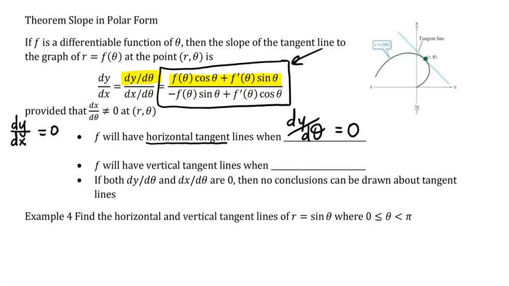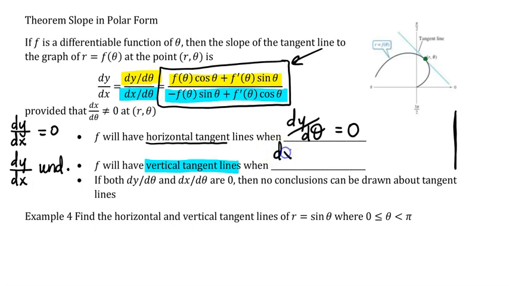So we will have a horizontal tangent line when the derivative of y with respect to theta is equal to 0. When will we have a vertical tangent line? Well, we know from Calculus 1, vertical tangent lines have undefined slope. That means that the derivative would be undefined. The derivative is a fraction. Fractions are undefined where their denominator is equal to 0. The denominator is dx d theta.